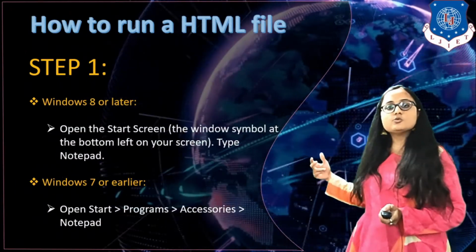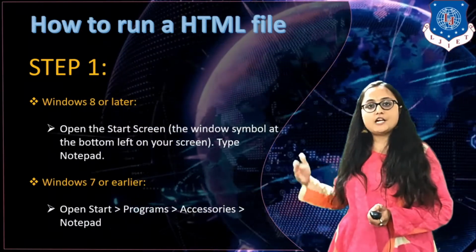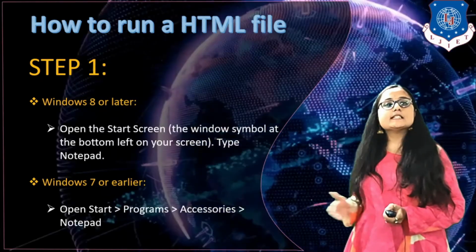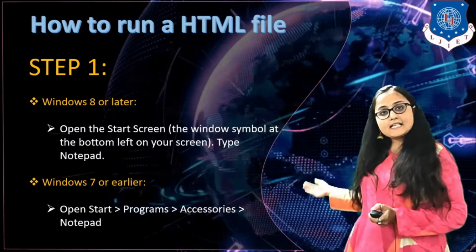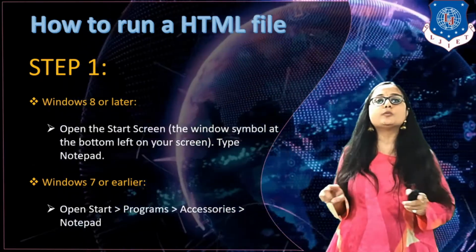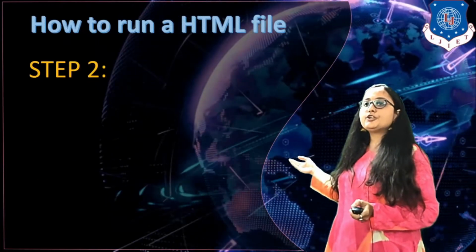So if you are using a simple notepad file, the method is start, programs, accessories, and then notepad. This step is designated for writing the code in a simple notepad file. Clear?